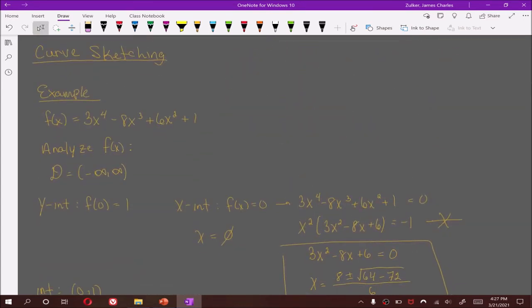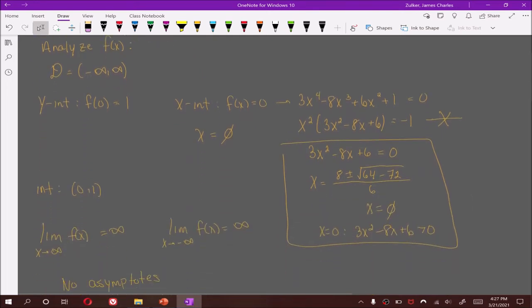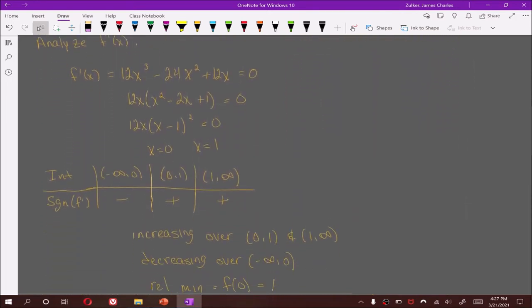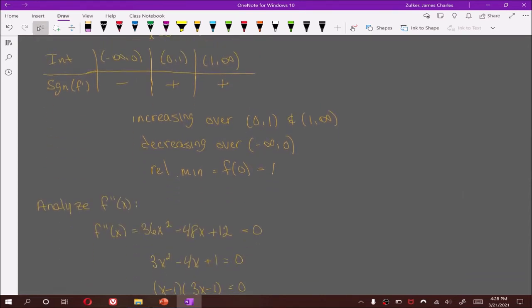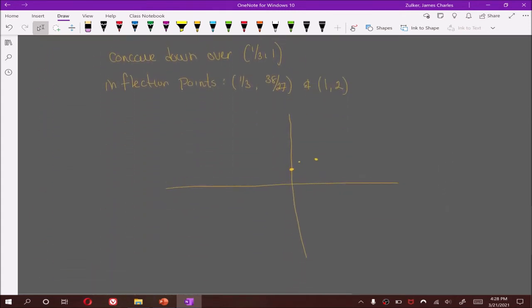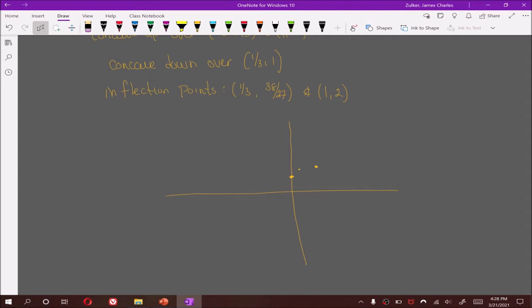We know that both ends will be going to infinity. From 0 to 1, we are decreasing. I'm sorry, increasing. So negative infinity to 0, we are decreasing, so that's going to be something like this.